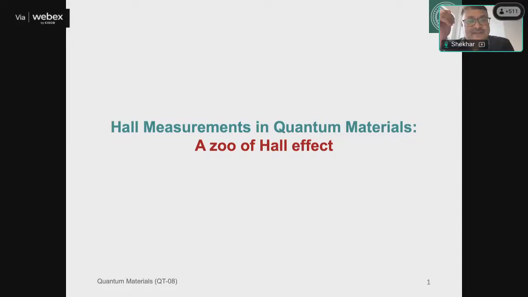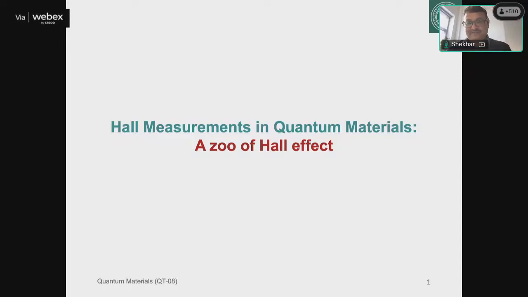When we combine all types of Hall effect, it gets very interesting. I'll not go very deep because there are plenty of Hall effects and it is not possible to go into each and every type in depth, but I'll give you some sort of flashback of the discovery.